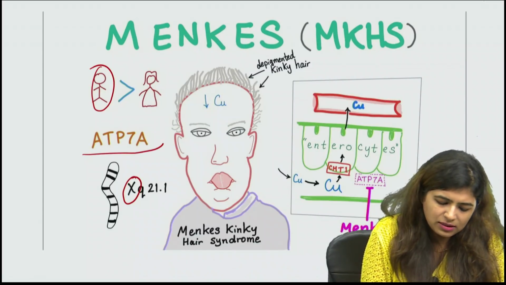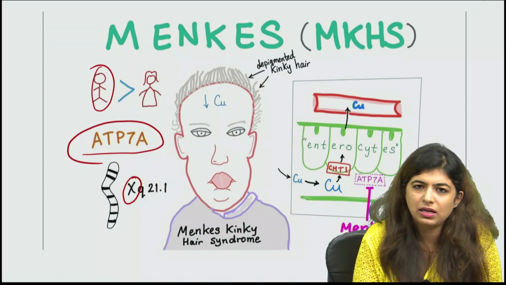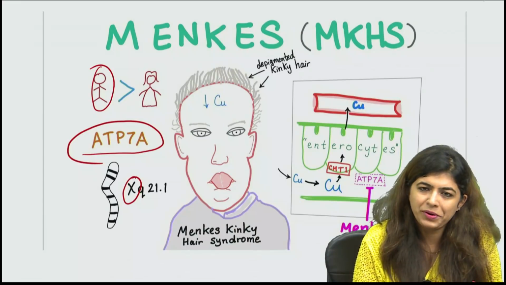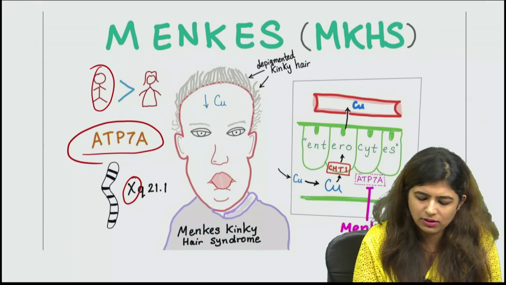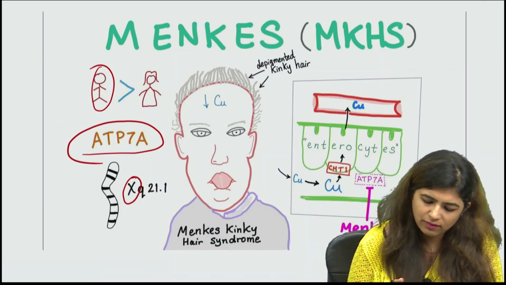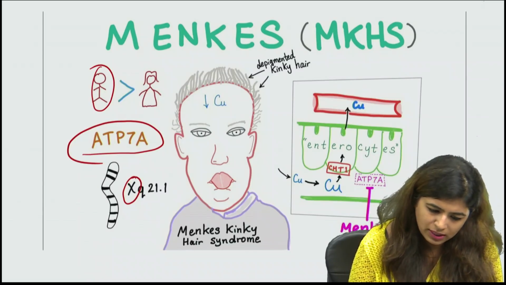There is a defect in this enzyme ATP7A which leads to low absorption of copper and in the skin, which will reduce your levels of copper in the body. Now what happens when you have these reduced levels of copper in the body?